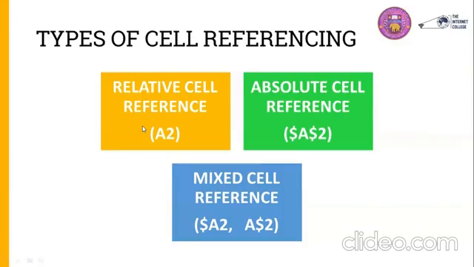So we have absolute cell reference. An absolute cell reference is used when we want to fix the cell position. So if we want to fix the row as well as the column location of the cell which is being used in the formula, we are going to use the absolute reference.